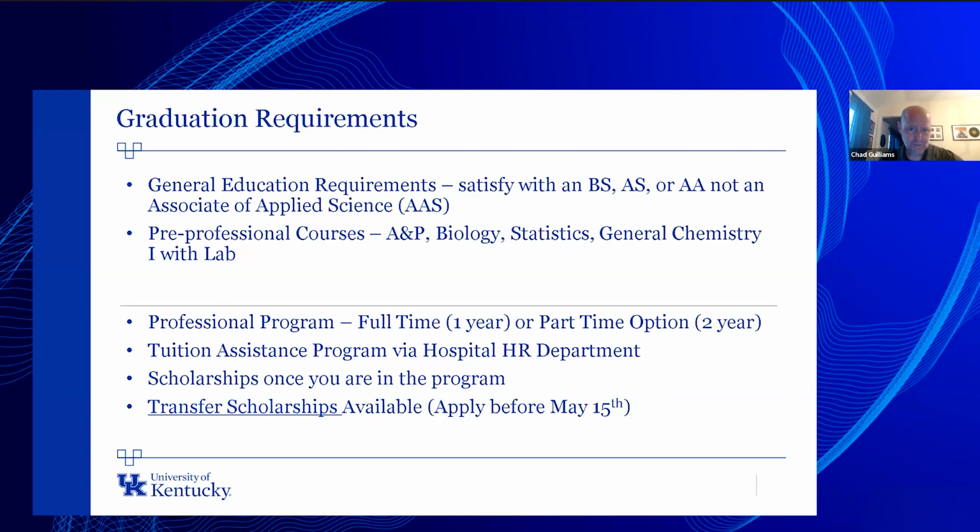Unfortunately, the Associate of Applied Science, which many of you received at the community college level, doesn't meet what's called general education requirements for a bachelor's degree in the United States.